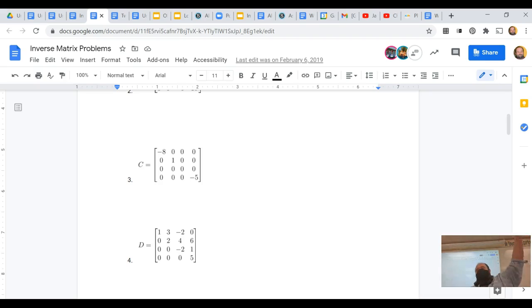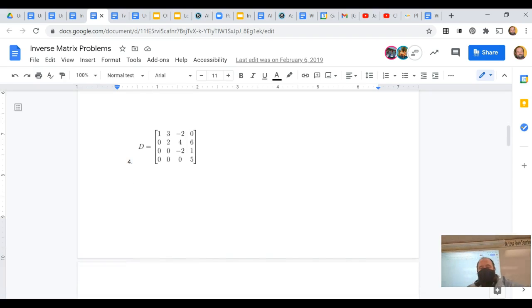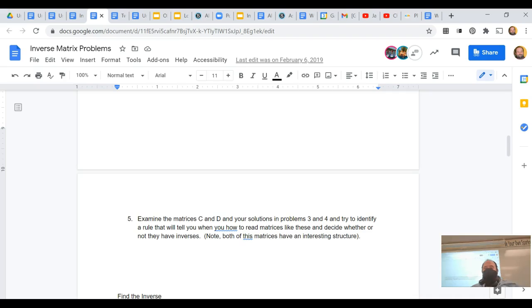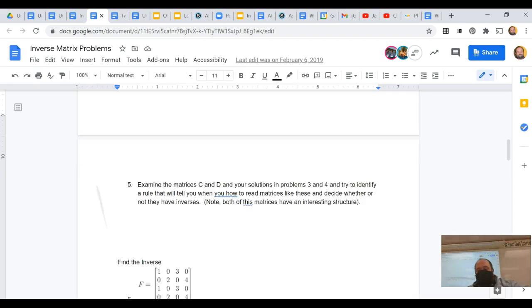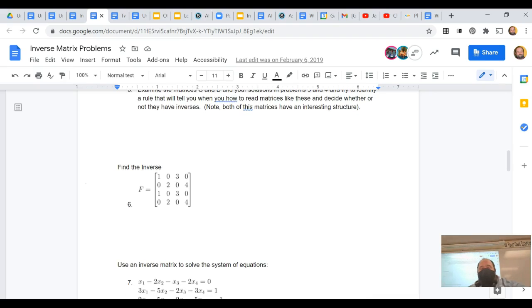I know that matrix 3 does not have an inverse just by looking at it. I know that matrix 4 does just by looking at it. And now the question in number 5 is, how did he do that? And is there a trick? And the answer is there is. Okay.